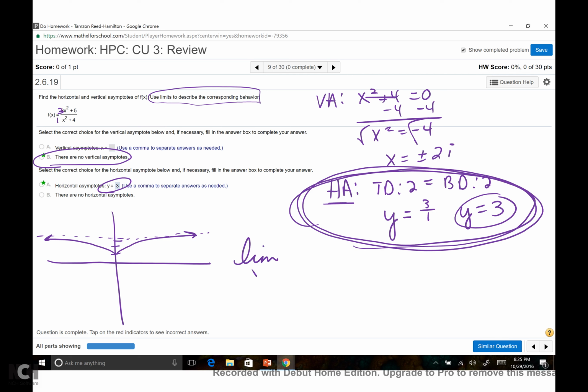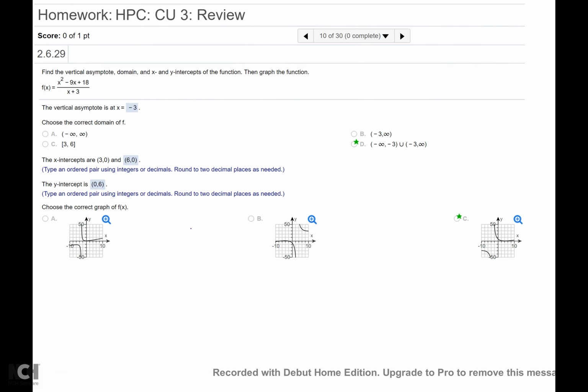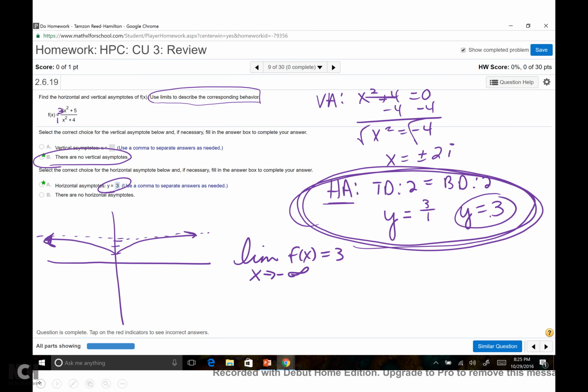So the limit as x approaches negative infinity, the function is going to approach 3. It's getting closer and closer to that purple line. And the limit as x approaches positive infinity, the function again is going to approach 3. As I head this way, that arrow is getting closer and closer to that purple line, which is at 3.